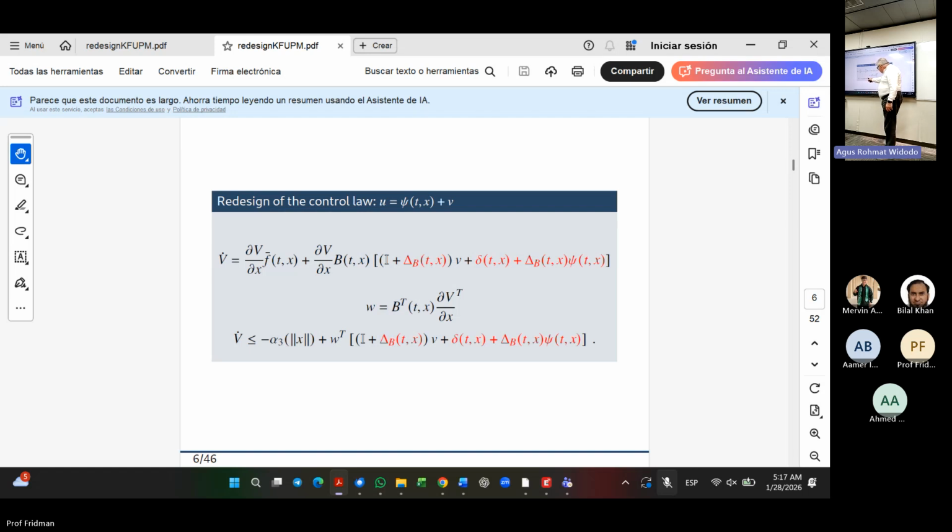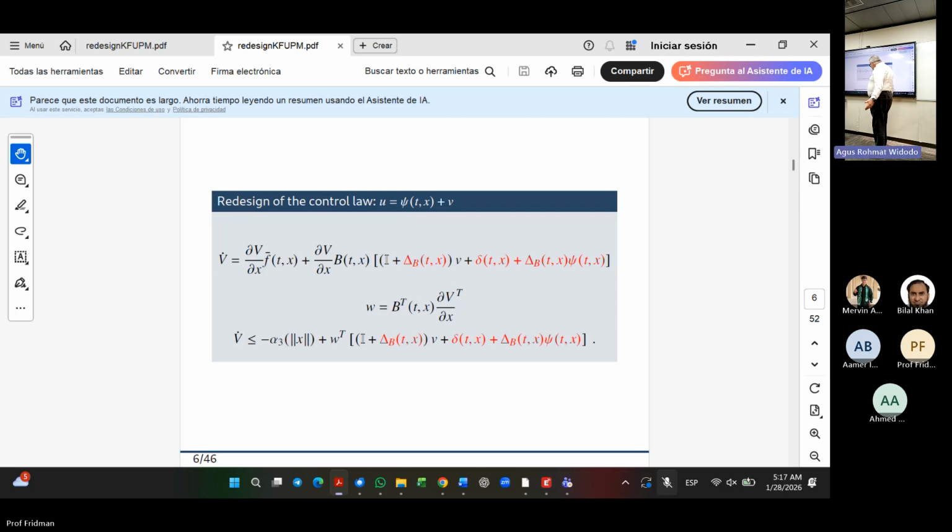For this term to be neglected, we need that this W transpose, which is no more than the product of D by the spatial derivative, meaning by the space variable, of the Lyapunov function, will be negative.